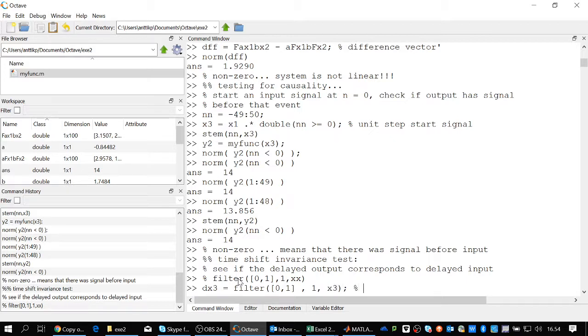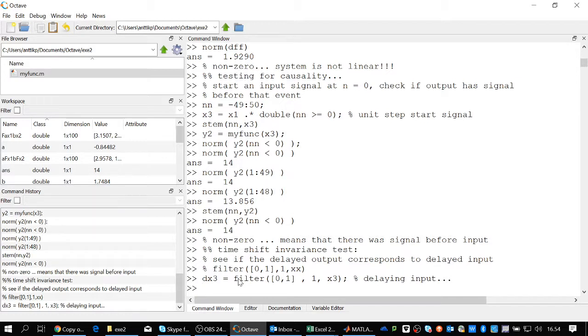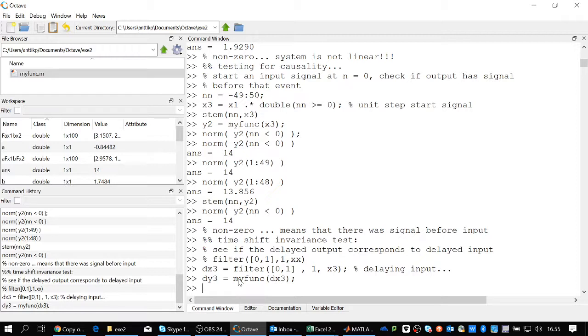So this is the delaying input, and we can then calculate the delayed output based on that one. Delayed output is the same as my func of dx3. Then we calculate just the output 3 with my func x3, so this is without delay.